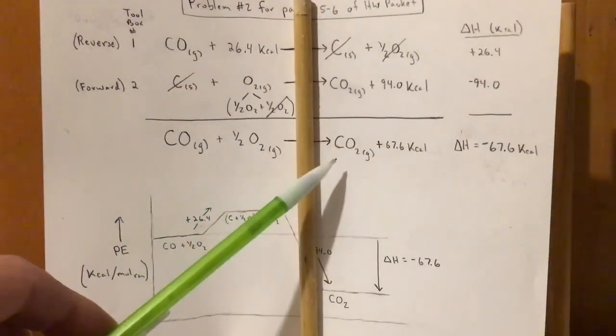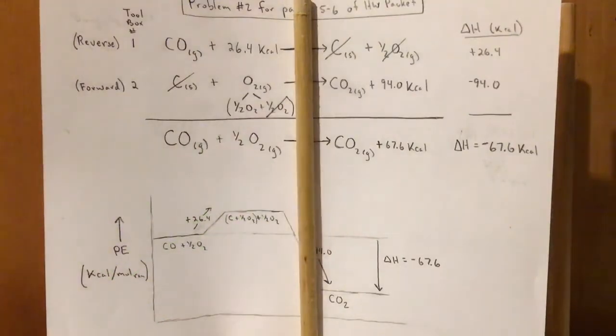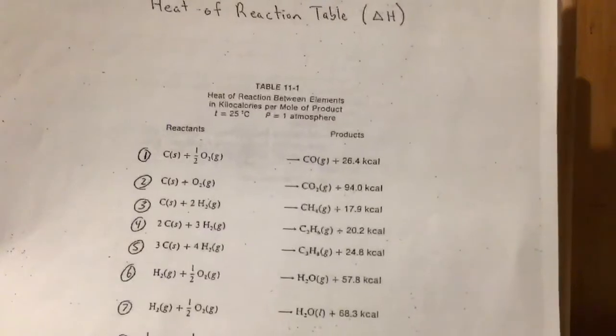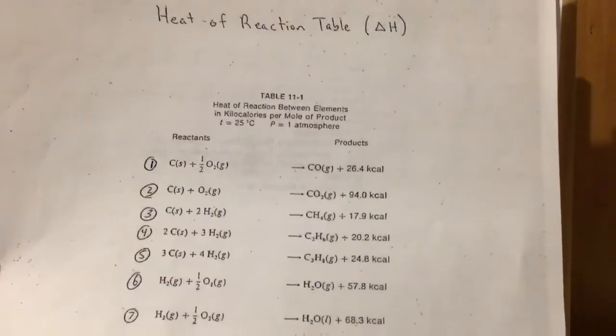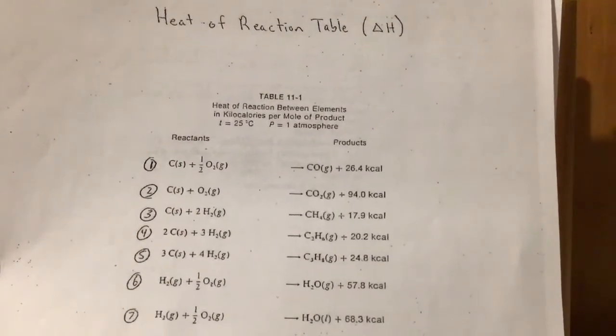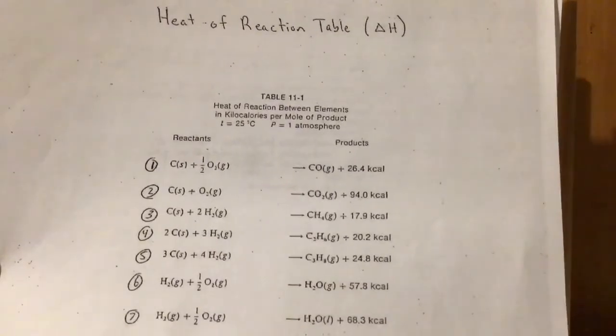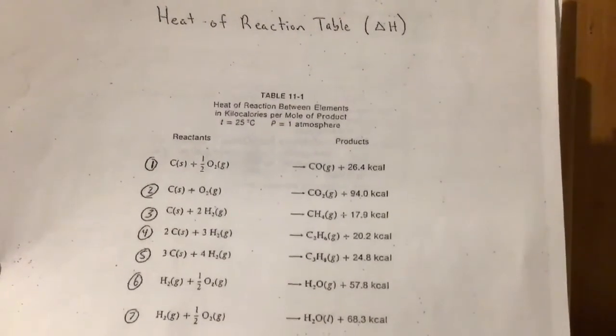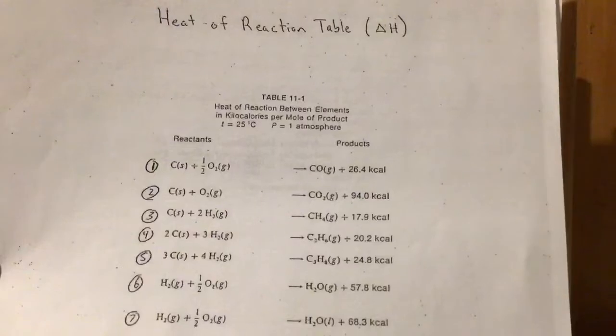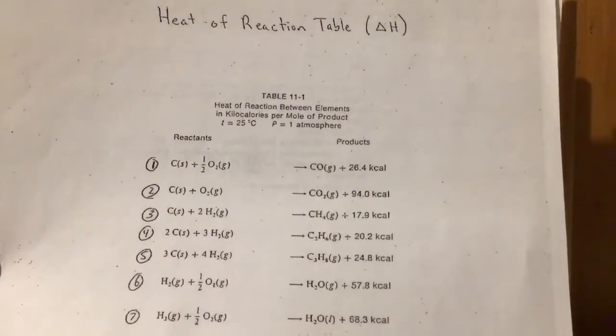I'm going to look for CO2. Again, I'm going to look in my toolbox, and I see that is tool number 2. It's the only one in there that has CO2. It's on the right side of the equation and the correct side of the equation. So we are going to keep it because it matches.